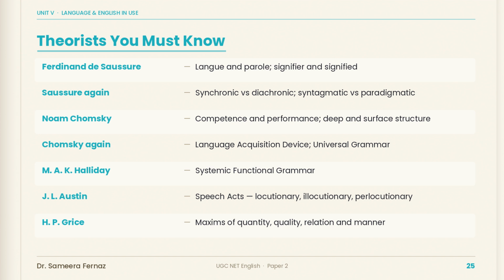Halliday gave us systemic functional grammar. J.L. Austin gave us speech act theory with its locutionary, illocutionary and perlocutionary acts, and Grice gave us the four maxims: quantity, quality, relation and manner.